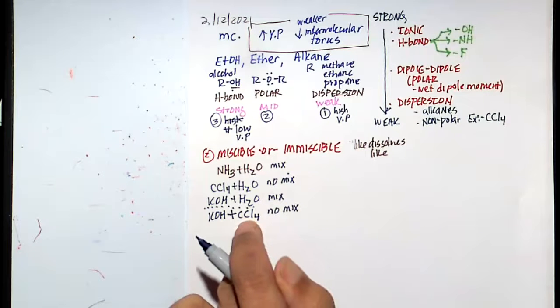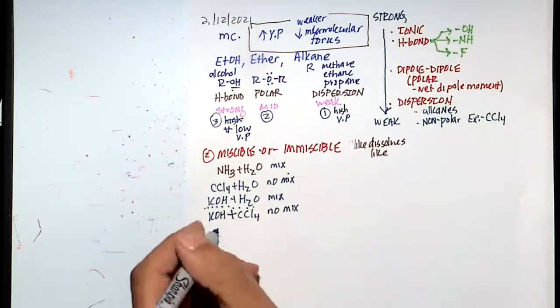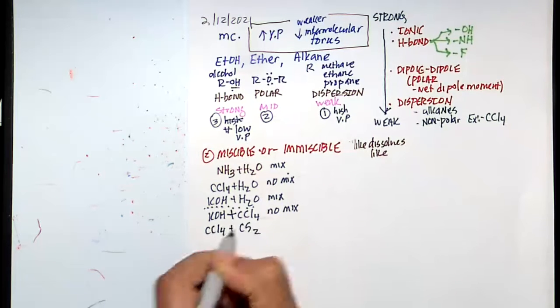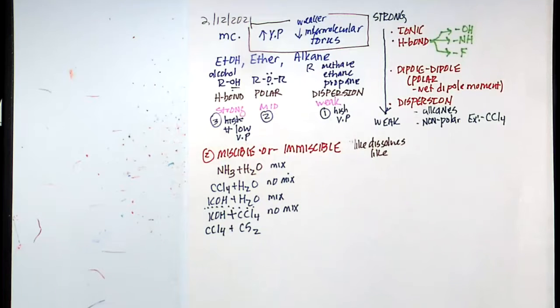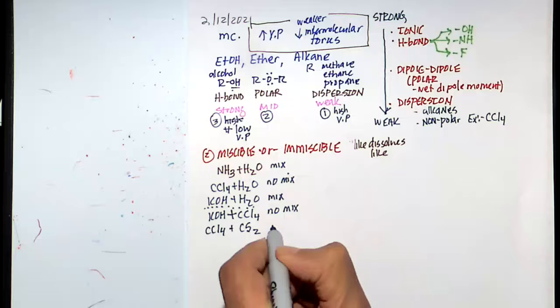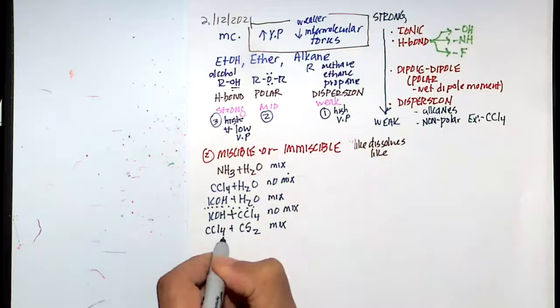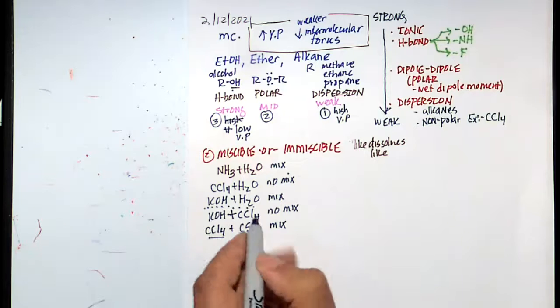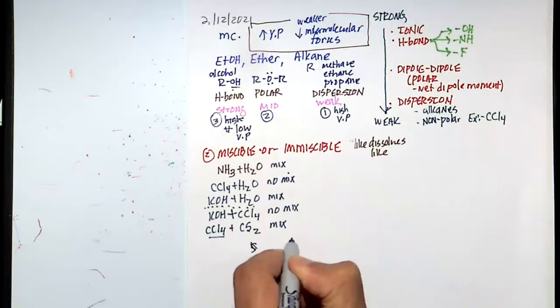Okay, this has no net dipole moment, CCl4. How about CCl4 and CS2, carbon disulfide? Mix or no mix? Very good. The answer is mix. CCl4 is nonpolar, and CS2, carbon disulfide, is nonpolar, right? We know the structure.